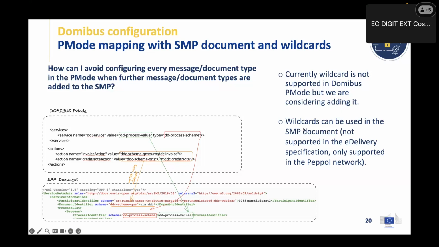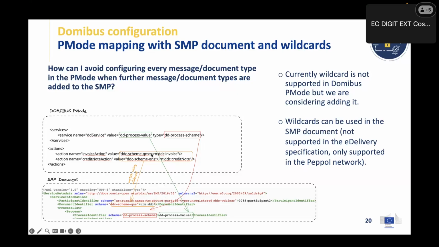Domibus supports wildcards in the SMP document. So, for instance, if you register as a document identifier a value using wildcards, as you can see here, it will match the actions that are configured in the P-mode against the wildcard.